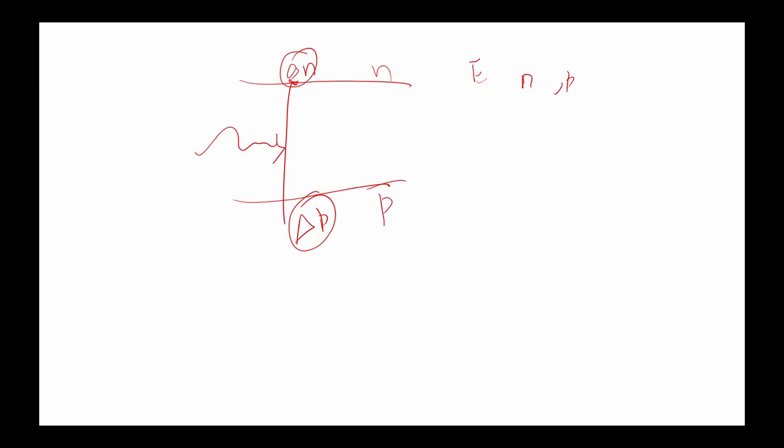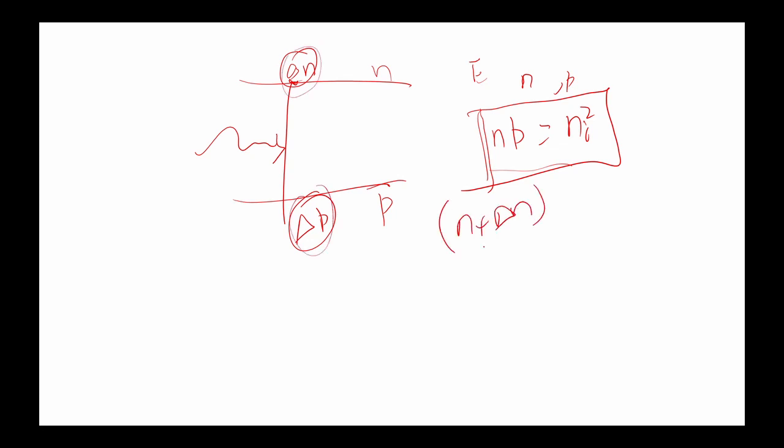So at equilibrium we know that np is equal to ni square. This relation holds every time when the semiconductor is in equilibrium condition. But when it is not in equilibrium, because delta n is created and delta p is created, we have n plus delta n times p plus delta p.